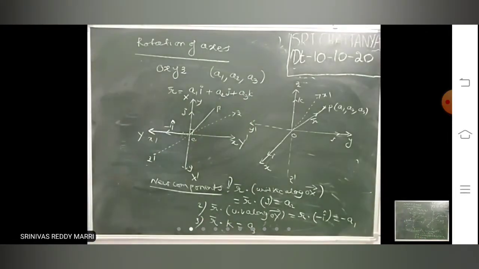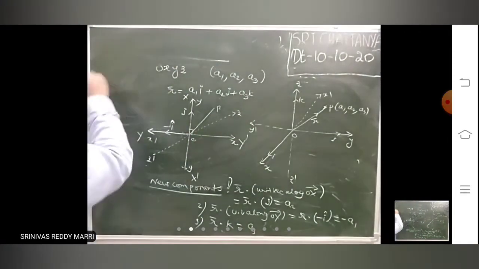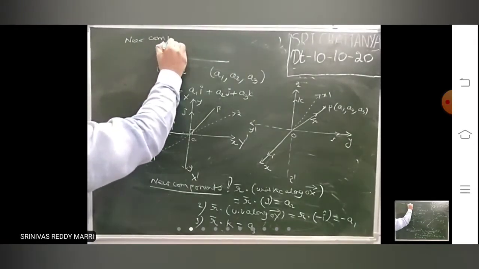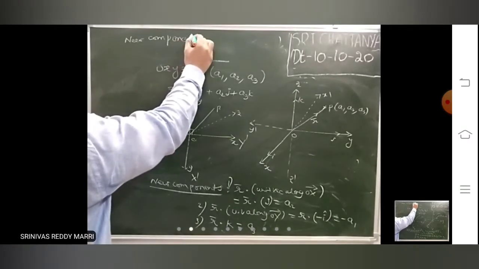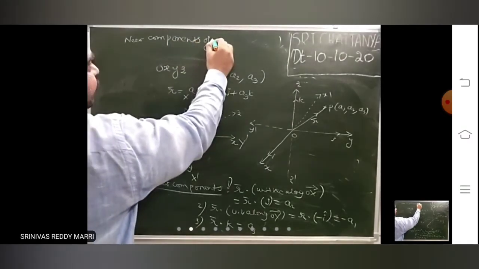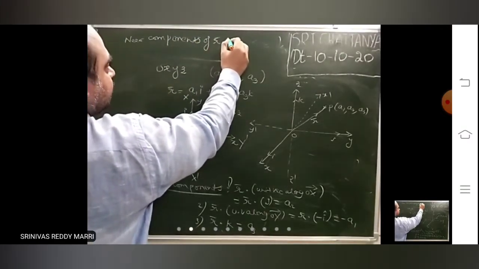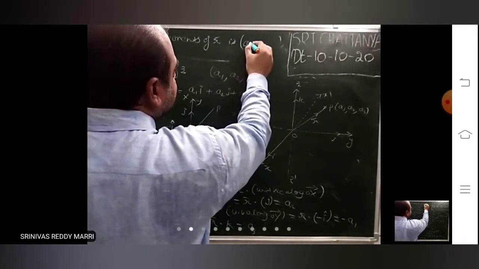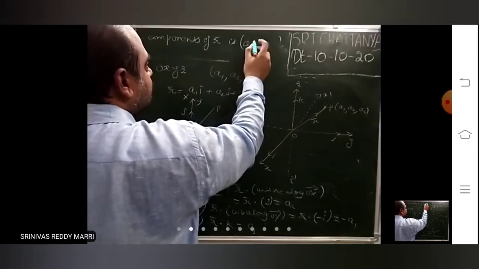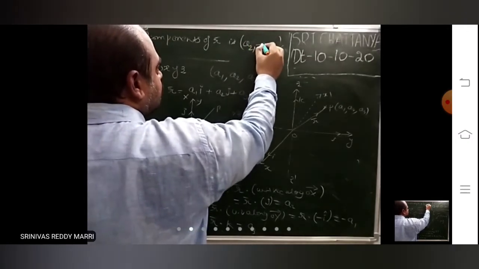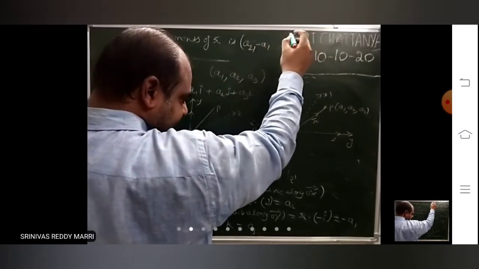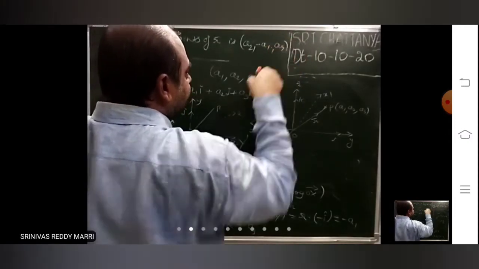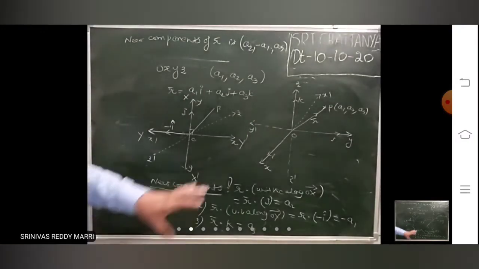That means the new components of R bar are, first A2, comma, minus A1, comma, A3 remains the same.